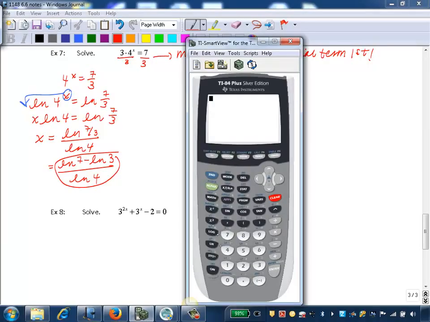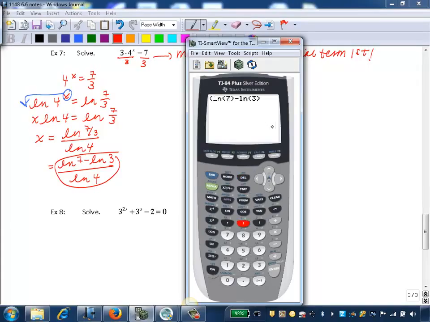So we want natural log 7 minus natural log 3, and then we want that whole quantity. So I should have enclosed parentheses up over here to begin with. So I'll insert my parentheses.